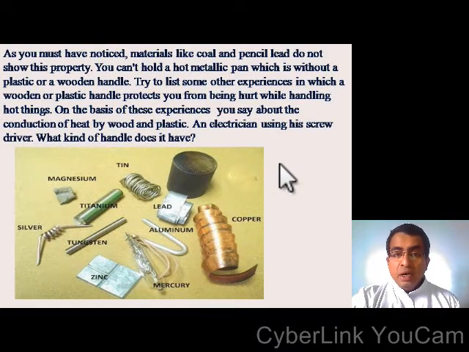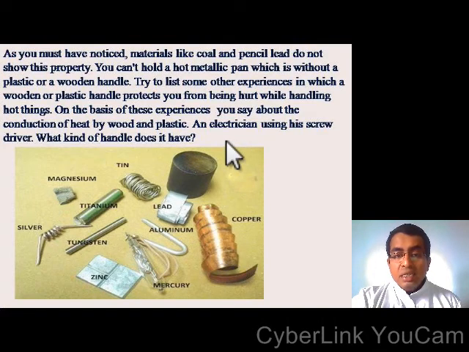You don't hold a hot metallic pan which is without a plastic or a wooden handle. Try to list some other experience in which a wooden or plastic handle protects you from being hurt while handling hot things. On the basis of this experience, you say about the conduction of heat by wood and plastic. We know wood and plastics are insulators.